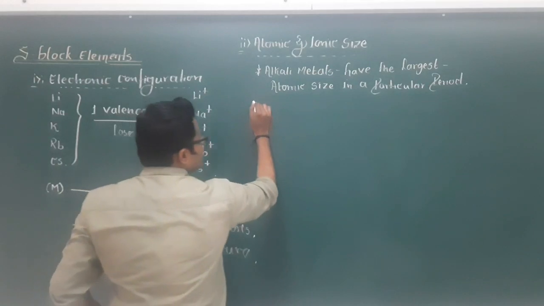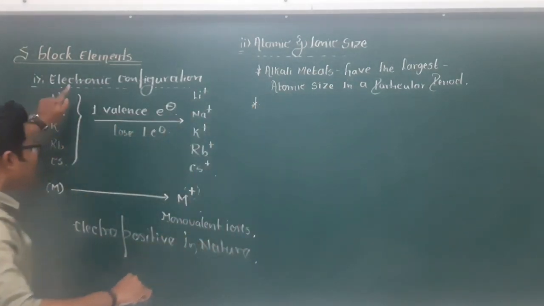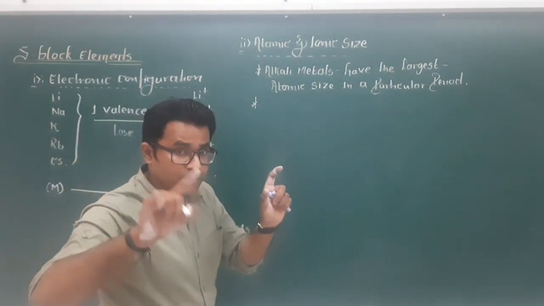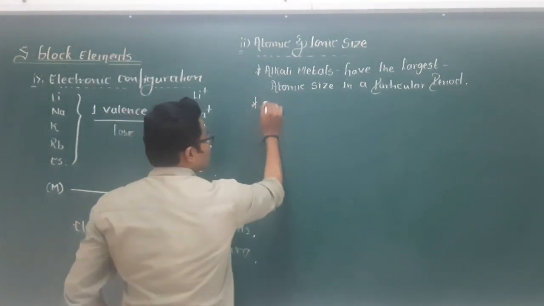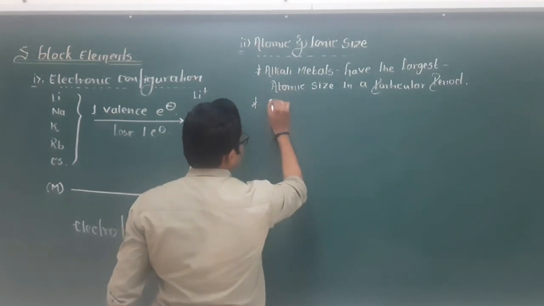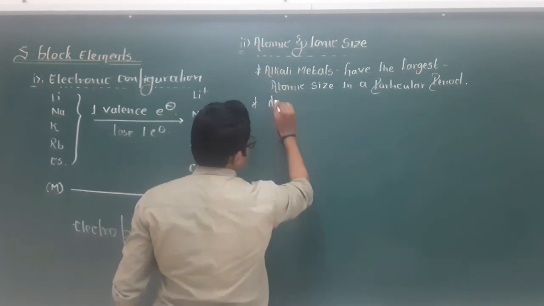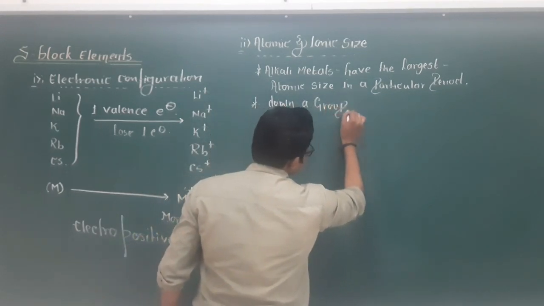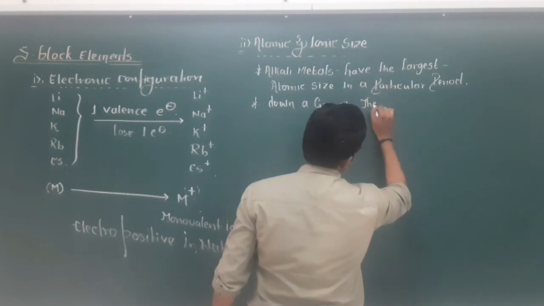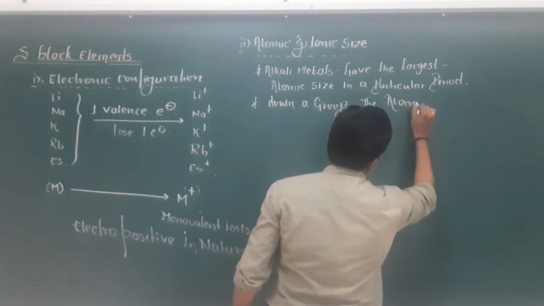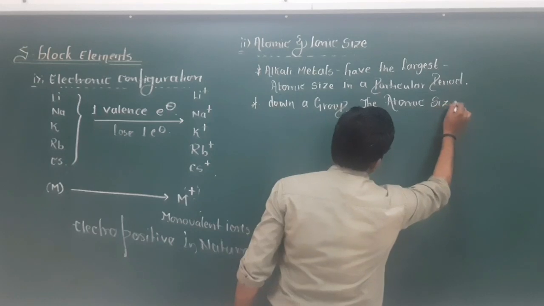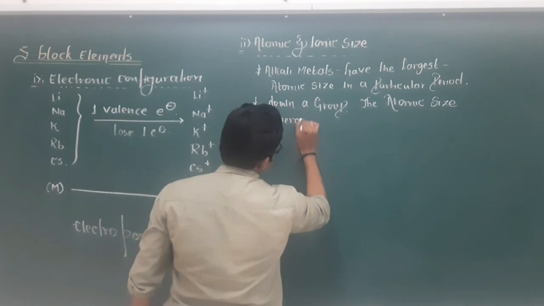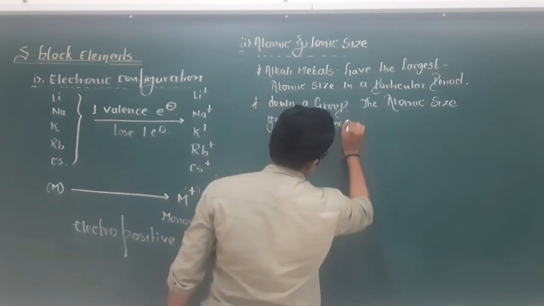Here, as we travel down a particular group, especially in the s block, the atomic size generally increases.